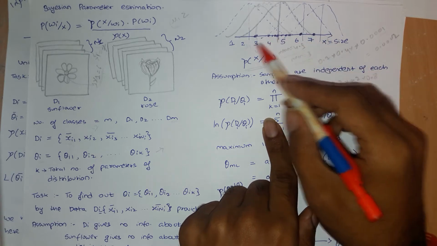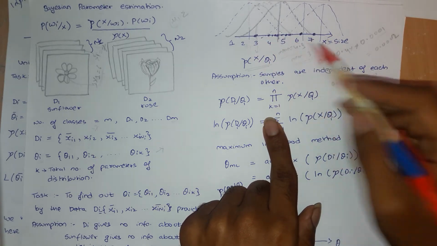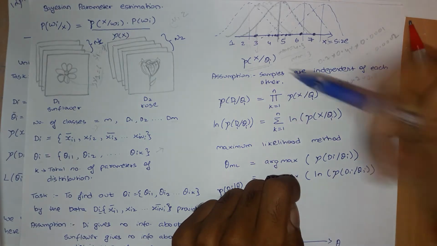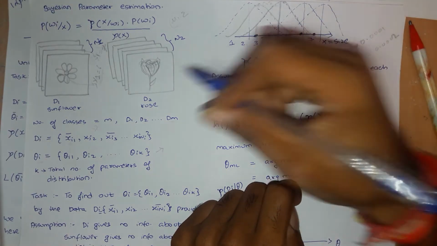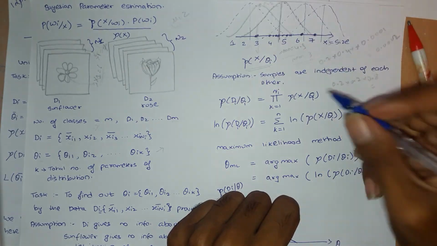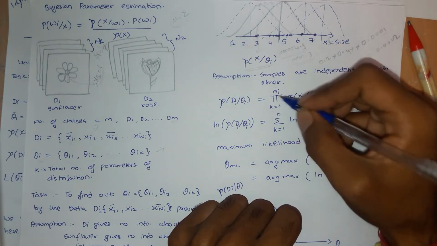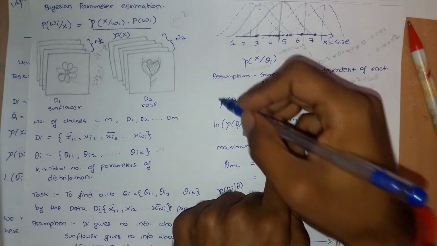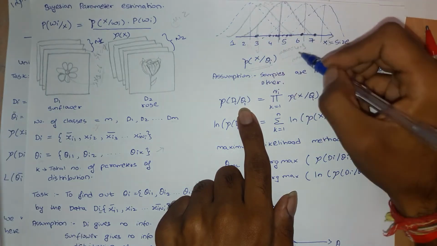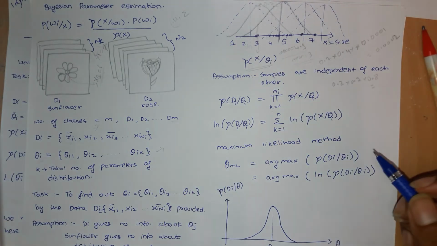There are n samples, oops, there should be ni. We have n1 samples for data 1, n2 samples for data 2, so we have ni samples for data i, and the whole probability that this data belongs to this given mean is calculated like this.